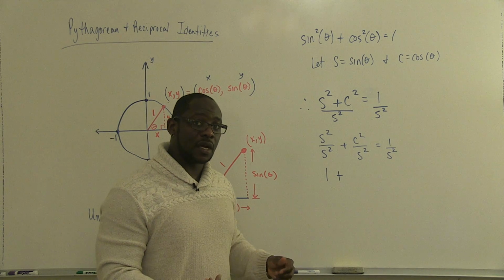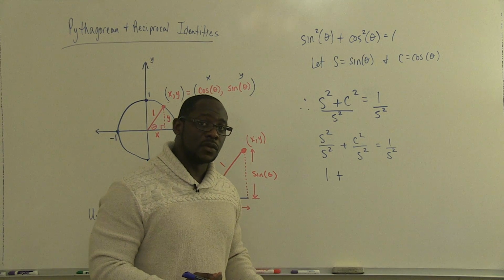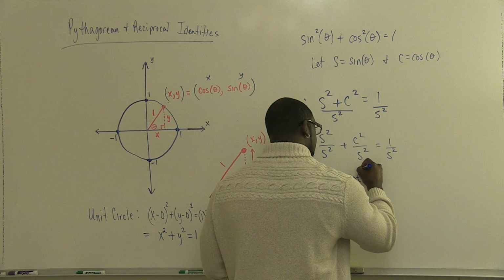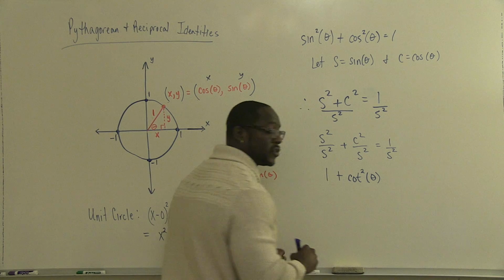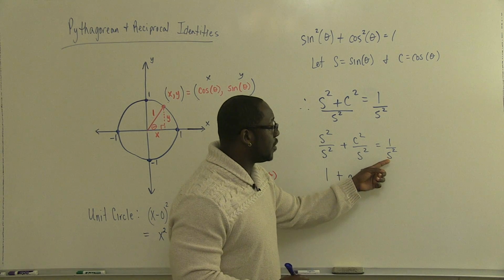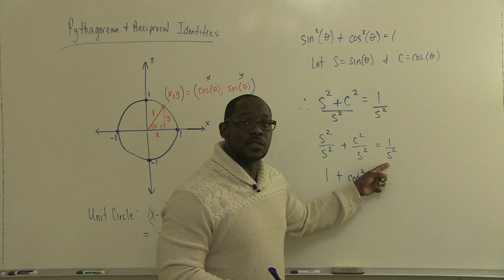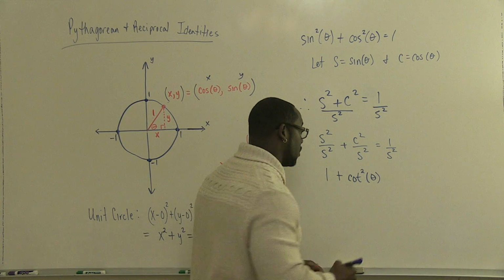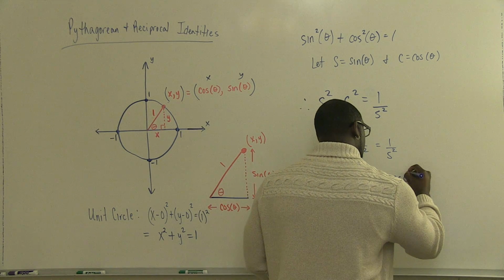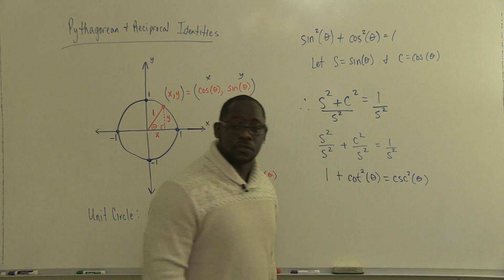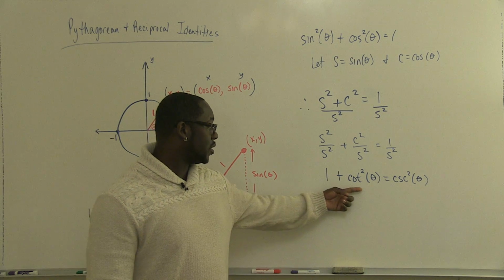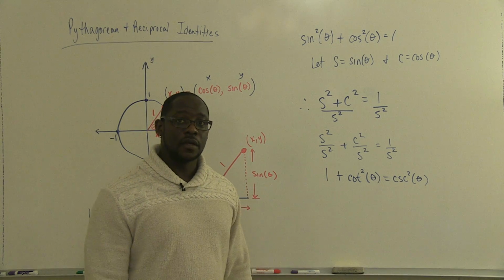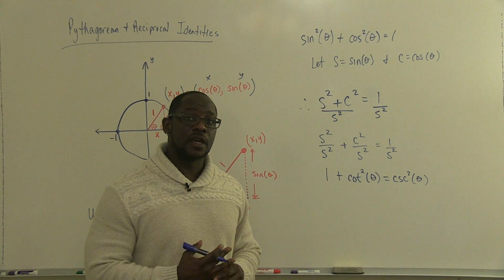And we know that cosine divided by sine is going to be the cotangent function. So we will write this as cotangent squared theta. And we know that 1 divided by sine is going to be cosecant. So 1 divided by sine squared is cosecant squared. So from that, we see that we have 1 plus cotangent squared theta equals cosecant squared theta. And that would be one of the reciprocal identities that we will need.